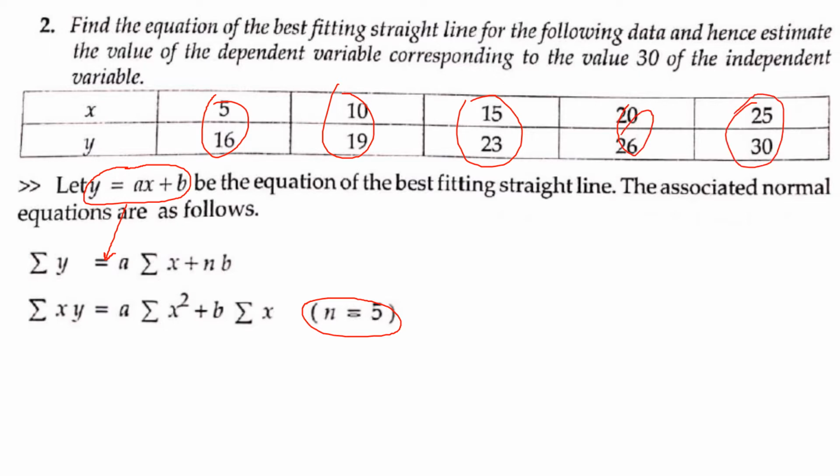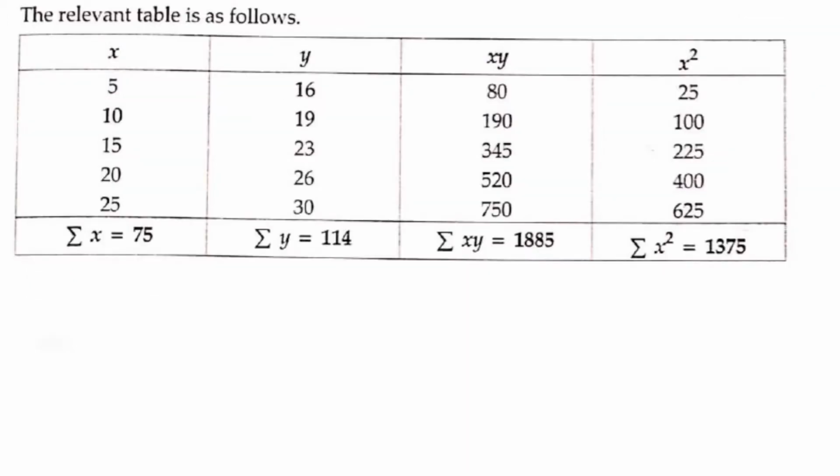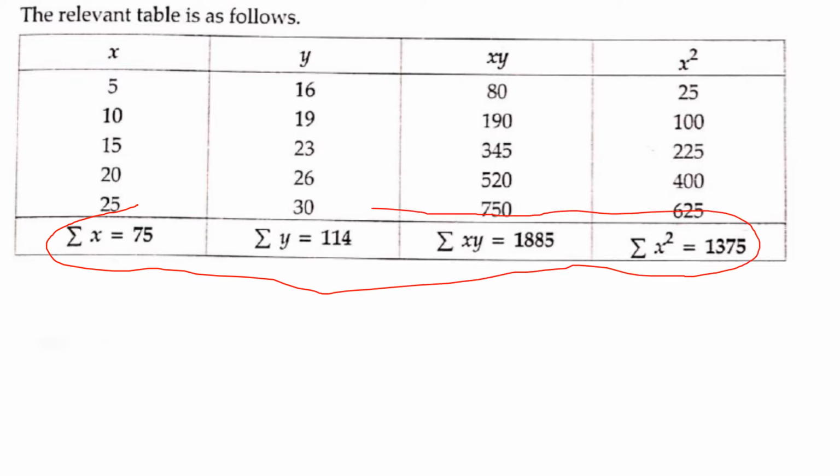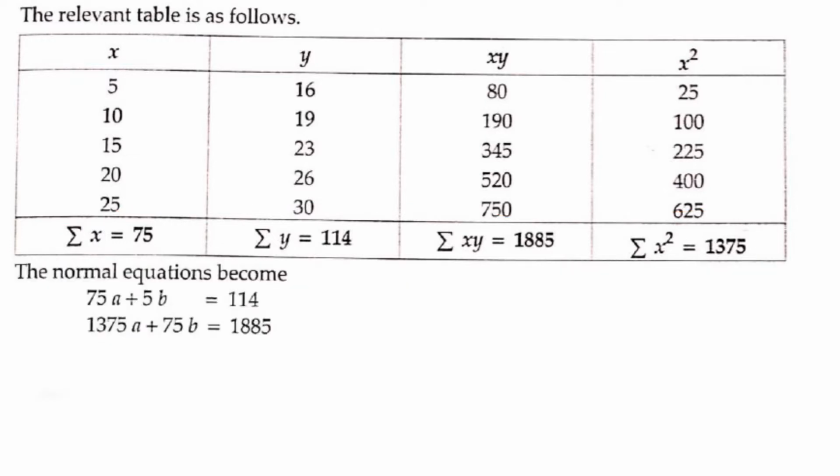Now let us form a table. So this is the required table which we require in the normal equations. Let us substitute all these summation values in the normal equations. Here we have substituted.